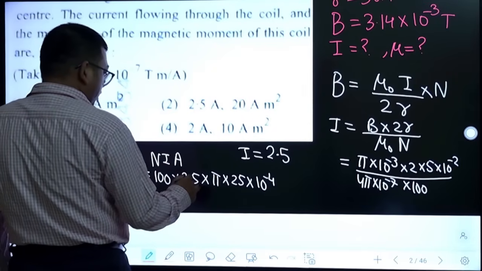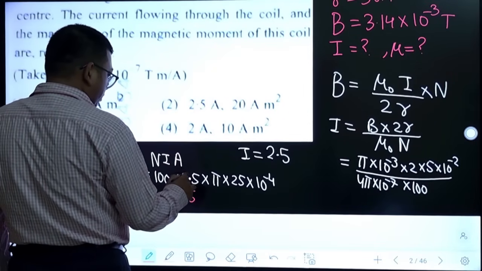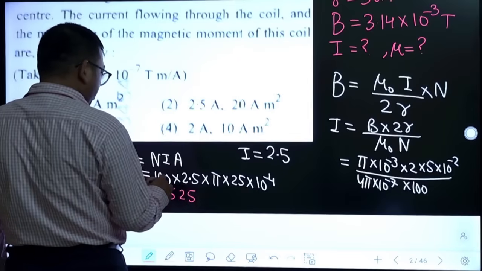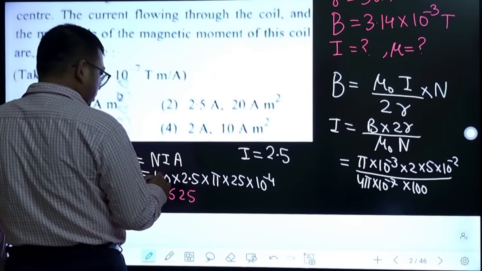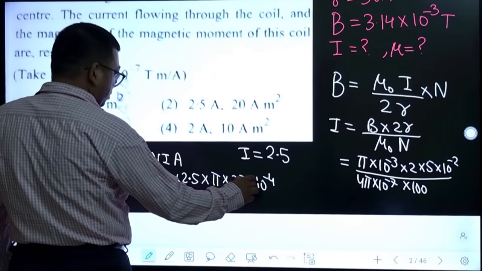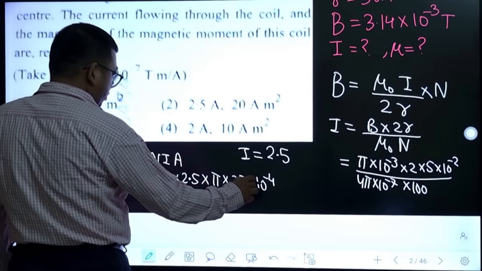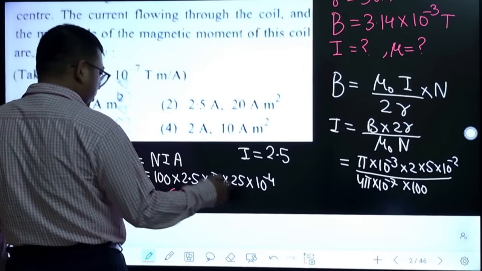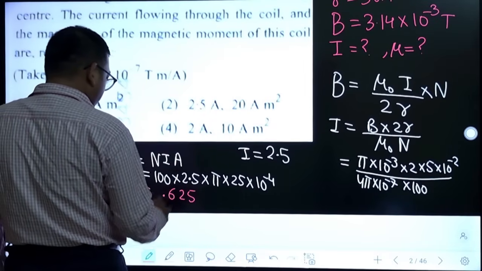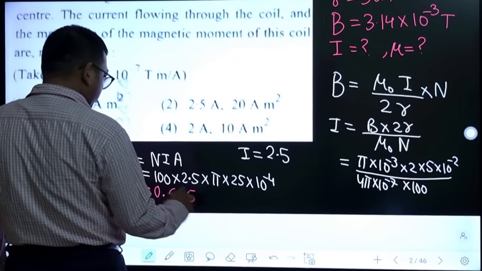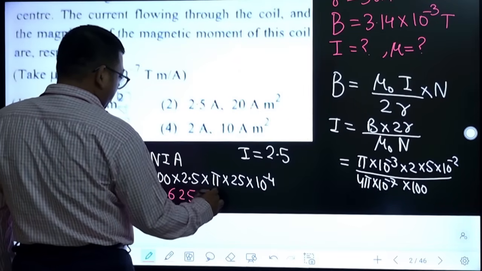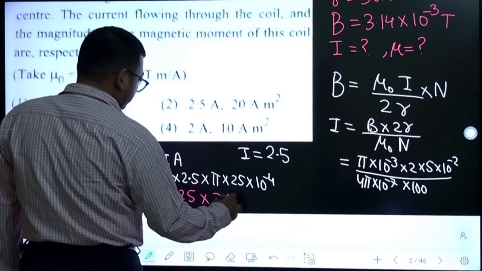And there will be an extra 10 here, and 10 to the power minus 4, and 10 to the power minus 3. Minus 3 means nearly 0.0625 into pi. Pi if I take as 3.14.